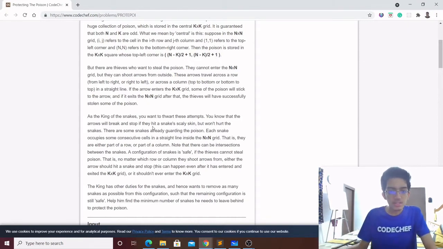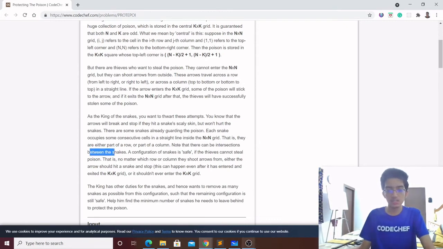Each snake occupies some consecutive cells in a straight line inside the n cross n grid. That basically means that no snake is lying outside the grid. They are either a part of a row or a part of a column. Note that there can be intersections between the snakes. This is important.